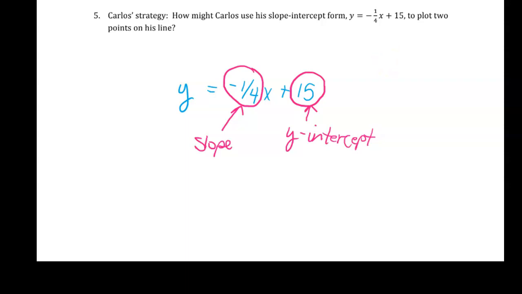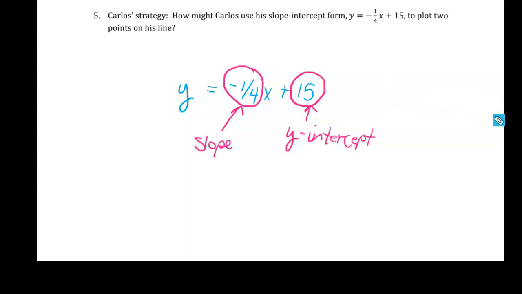Since 2 points determine a line, the graph of a line can be obtained by plotting both the x and y intercepts from standard form, or the y-intercept and a second point found by counting the ratio of rise to run as indicated by the slope. So in this case, we know that our y-intercept is positive 15.